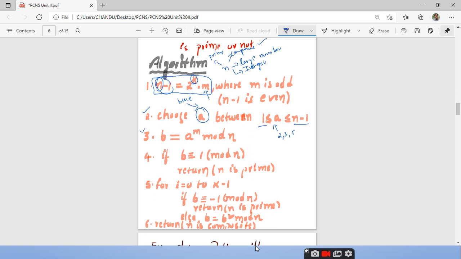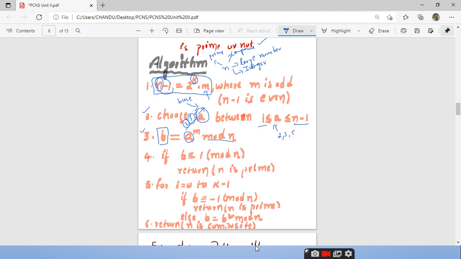The third step is to calculate the value of b. The b is given as a^m mod n. Here a is taken from the second step, which is the base. You can take it as 2, or if the result is not satisfied, you can go for 3, or if that is not satisfied, you can go for 5.